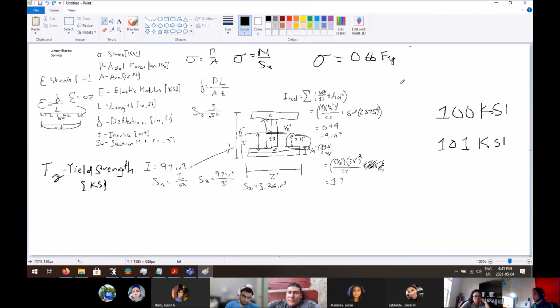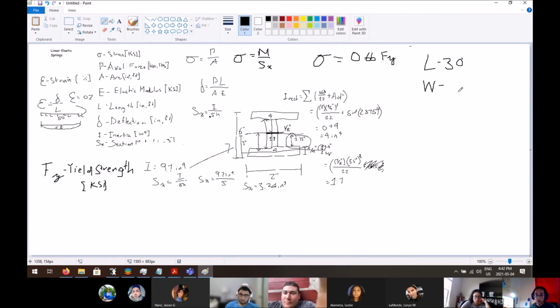I'm going to draw this. W, what is W? Your weight, I think, that's just linear. It's like the weight of the beam, I think.